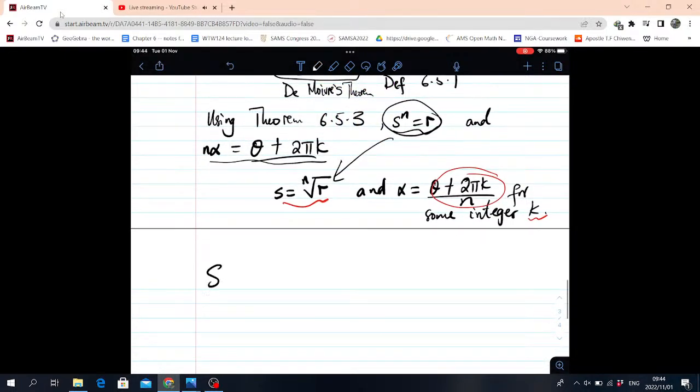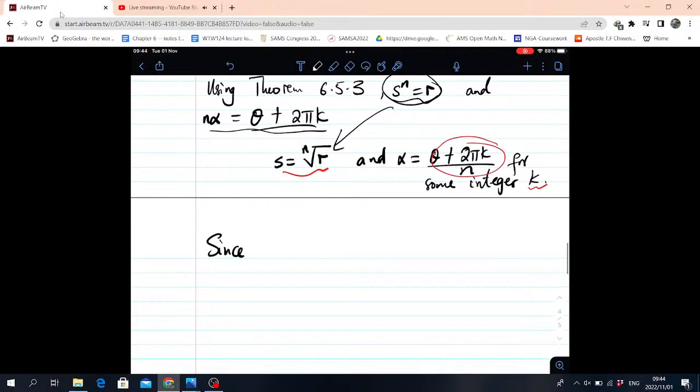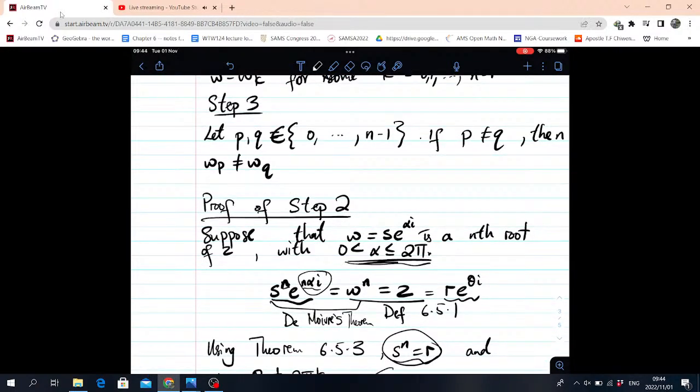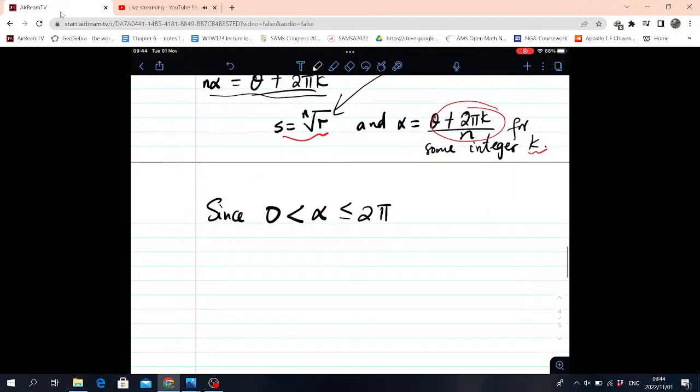So since we've got 0 less than alpha less than or equal to 2 pi. That was a condition that we had there, so we've got that. Then what it means is, if I replace my alpha with what I have there, then I've got 0 less than theta plus 2 pi k over n less than or equal to 2 pi, right?